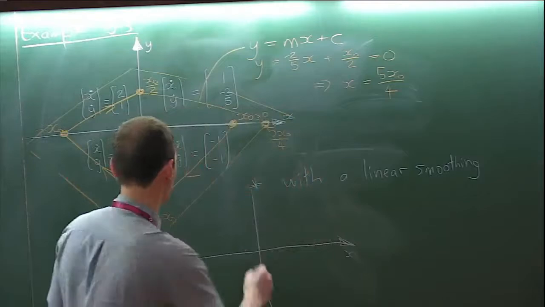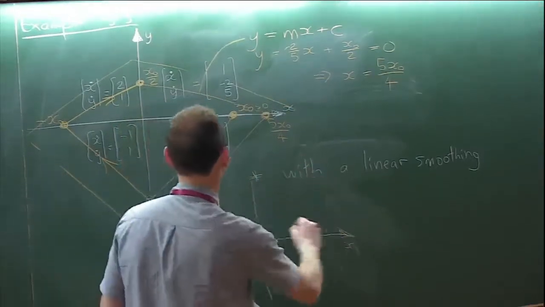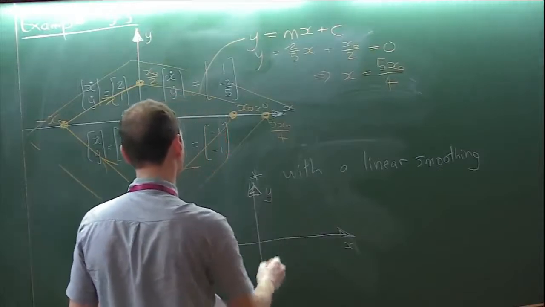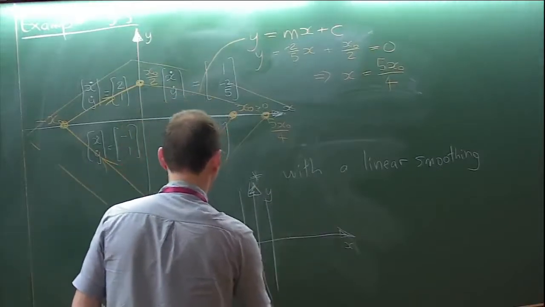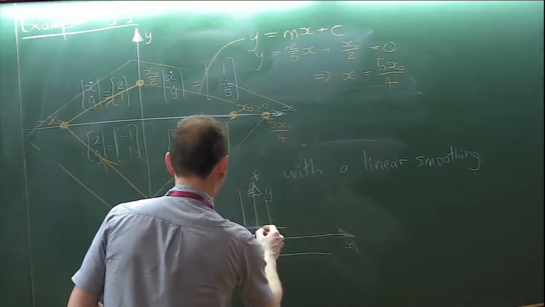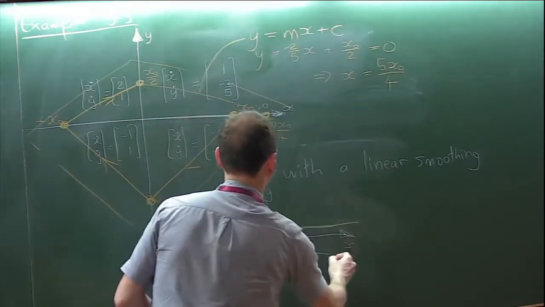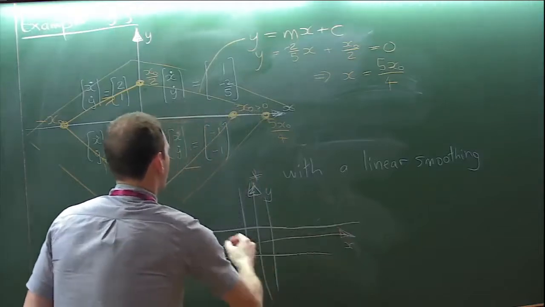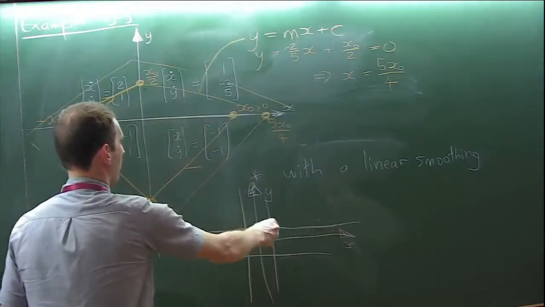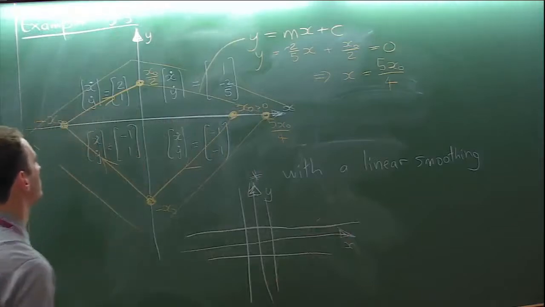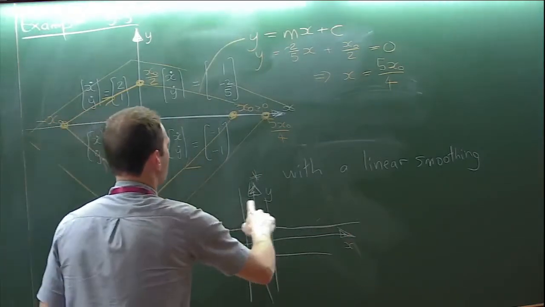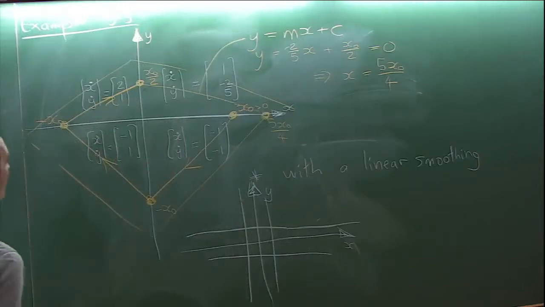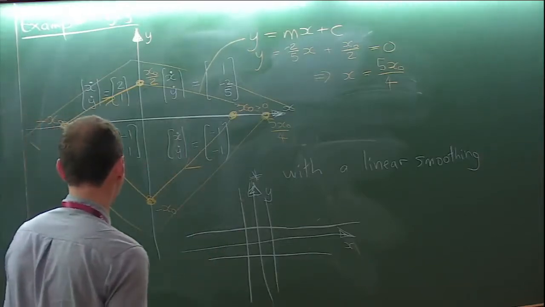I won't write out the equation for doing that. It's in the notes. It just takes a bit to write out. So we've got lines at minus epsilon, plus epsilon, and also for x, minus epsilon and plus epsilon. Just smooth the system linearly across the boundaries, and you get a continuous system.